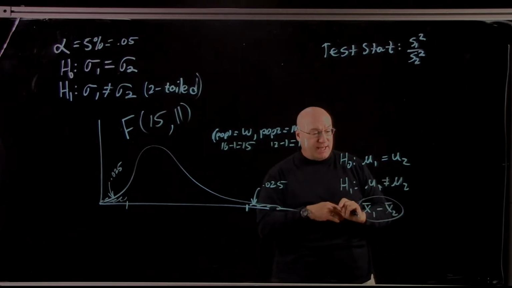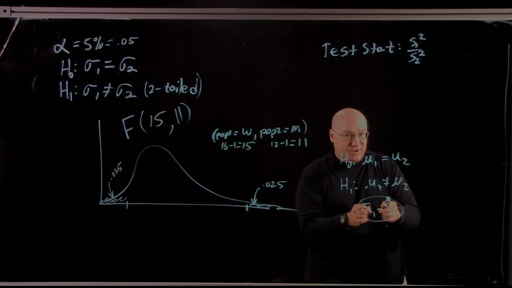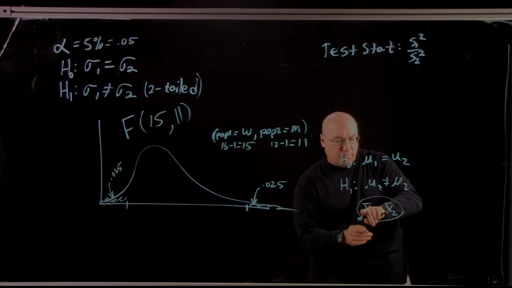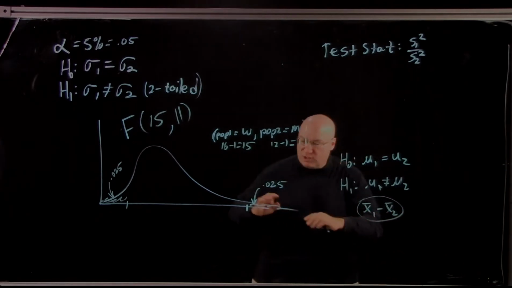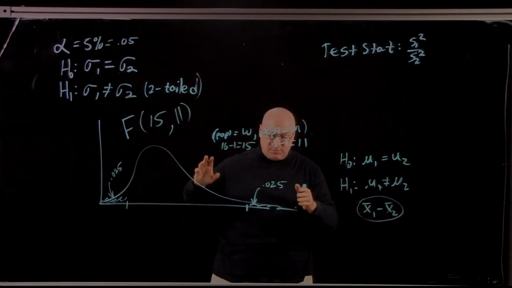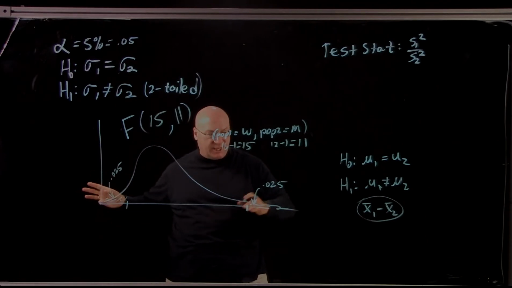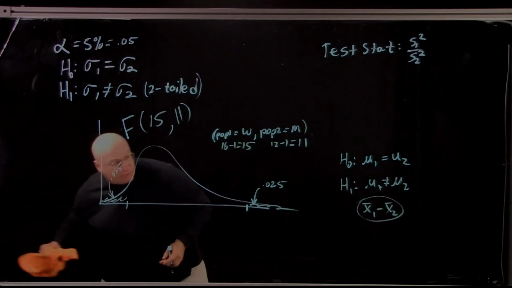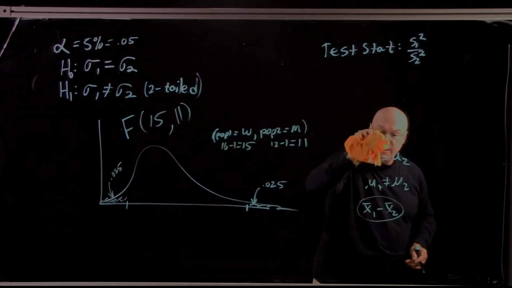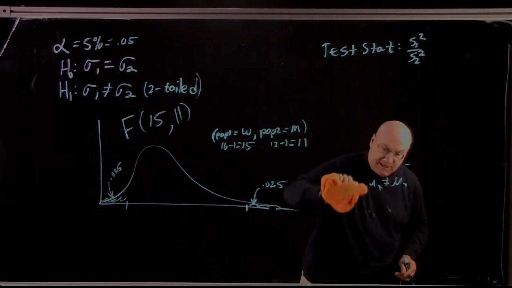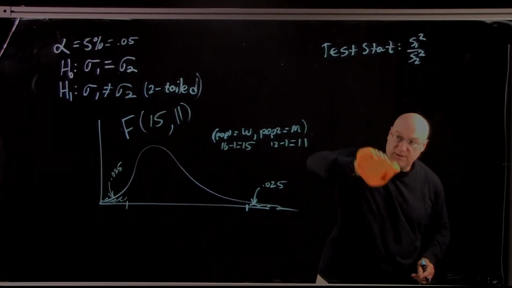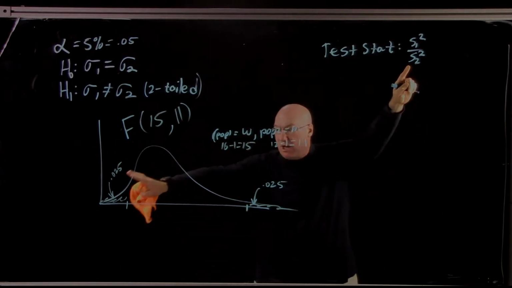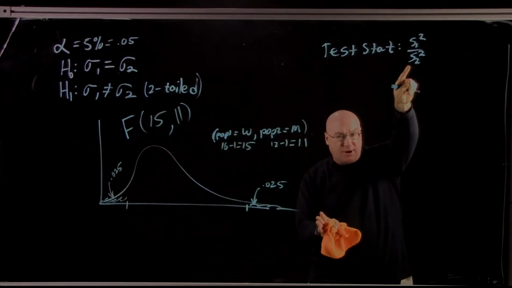So for a two-tailed test, I'm either going to get a positive or negative difference here. Well, let me just always rig it so that I get the bigger one minus the smaller one. That way, which tail am I in? I'm not in the tail that gives me small numbers, or negative numbers in the case of a mean. I'm in the tail that gives me bigger numbers. I'm doing the same thing here. I am rigging it so that this test statistic won't lie in the tail for smaller values. It'll lie in the tail for larger values.